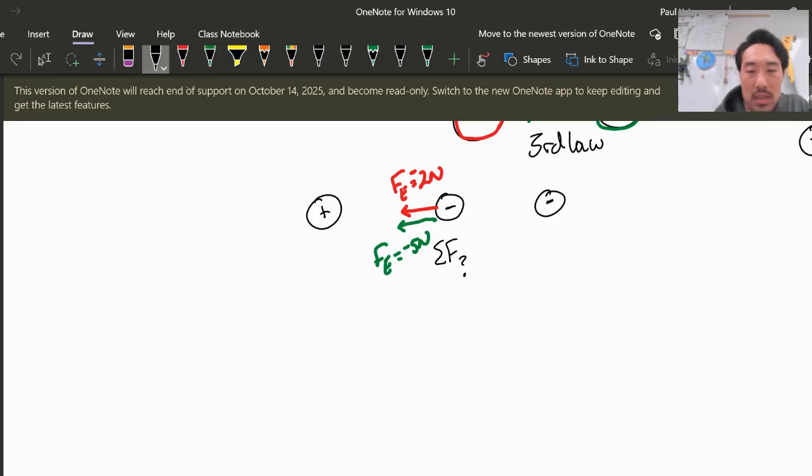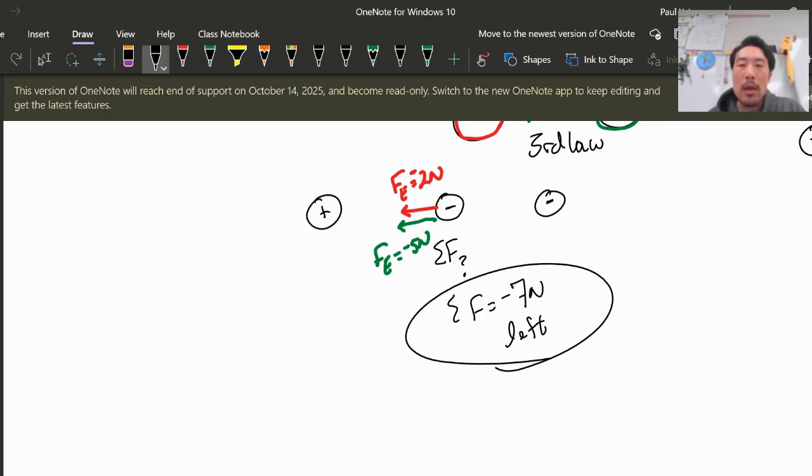So what that means is that this middle charge will feel a total force of negative 7 newtons to the left. Now, it's also important that this is a frozen moment of time, because if time were to continue, the one in the middle would accelerate towards the left, and that amount of force would change according to Coulomb's law.